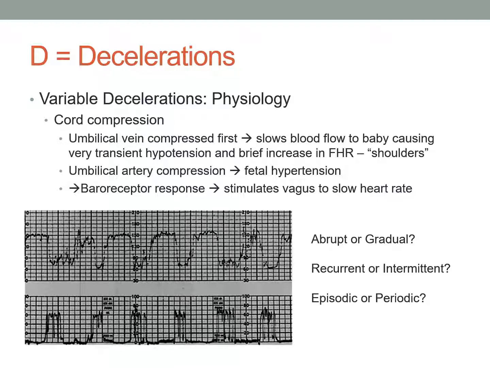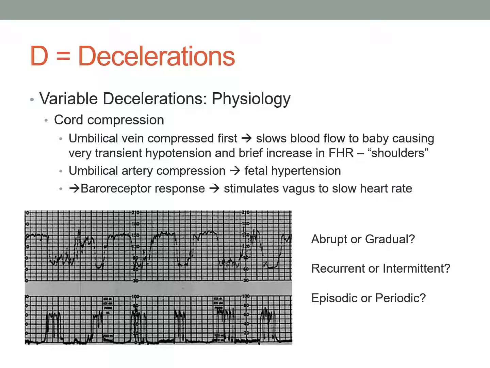So a little bit about the physiology of cord compression. If you remember back to that slide that I showed you on fetal circulation, this is where that comes into play. So in a variable decel, think of a contraction starting and the cord being compressed. The umbilical vein is going to be compressed first because the vein does not have smooth muscle around it to protect it from that compression.